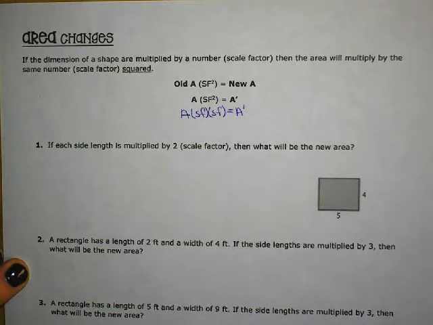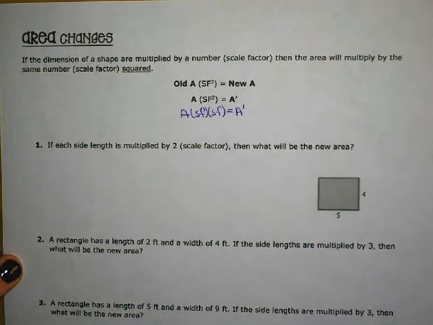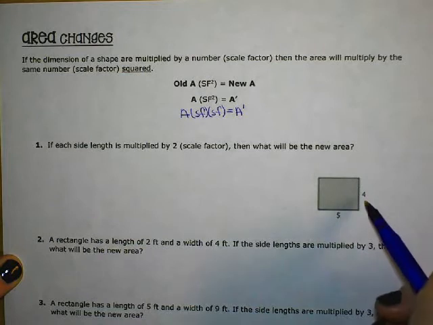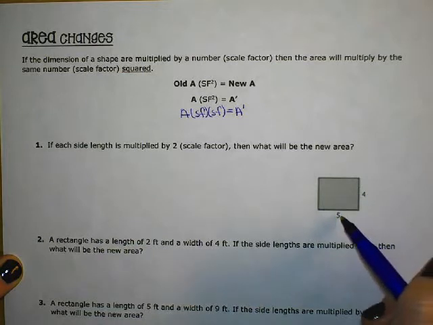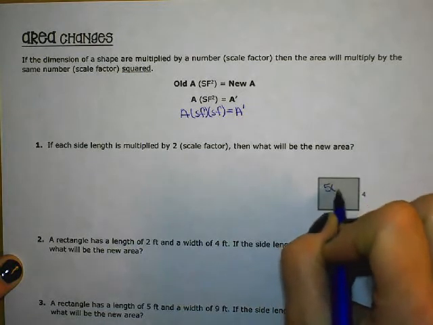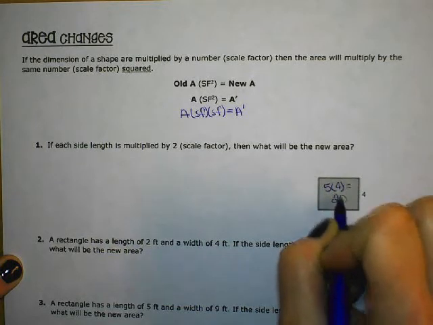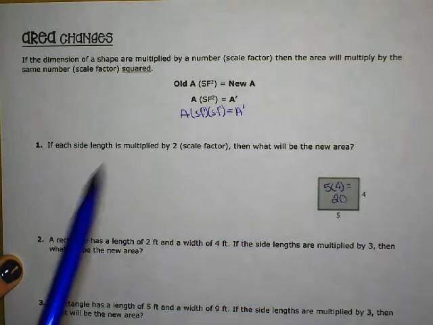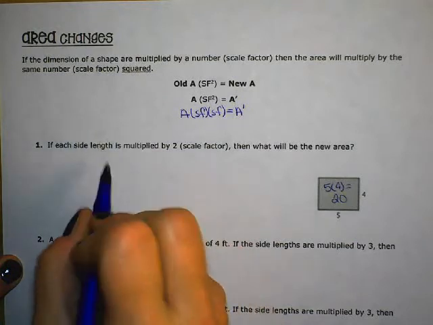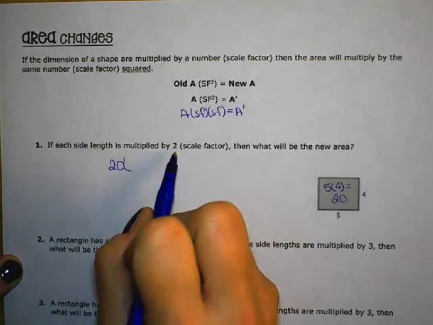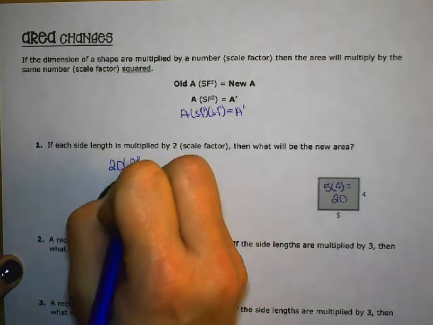Let's take a look at number 1. If each side length is multiplied by 2, the scale factor, then what will be the new area? I can multiply the area of the original, which is 5 times 4, and that is 20. Remember, you take the area of the old, multiply it by the scale factor squared.